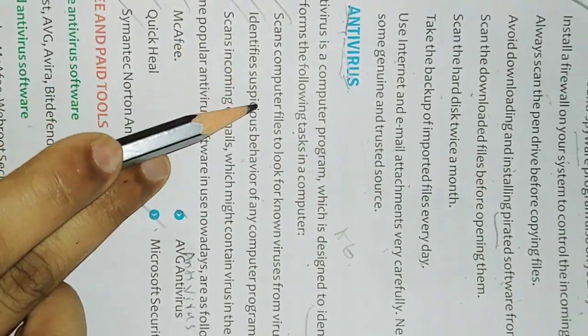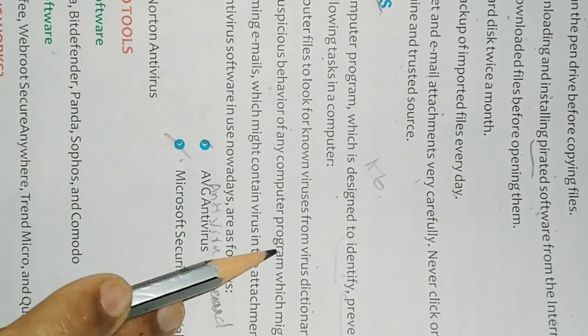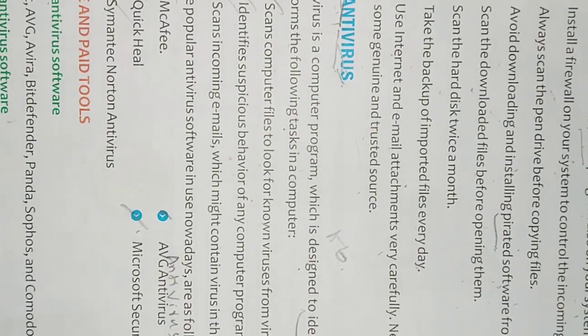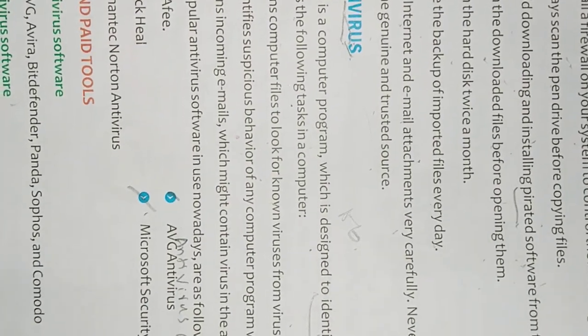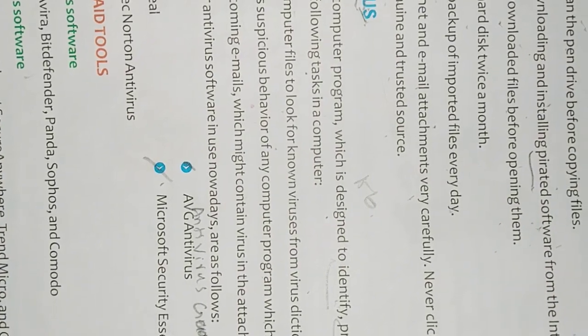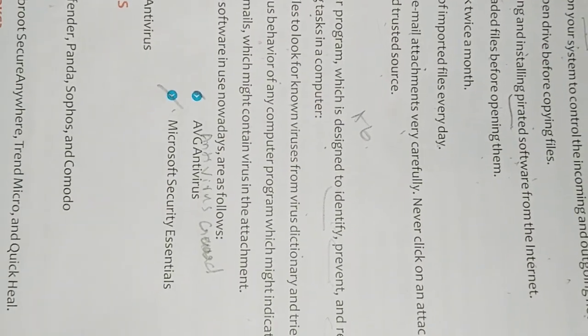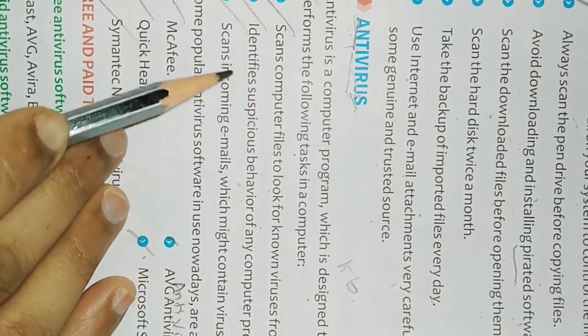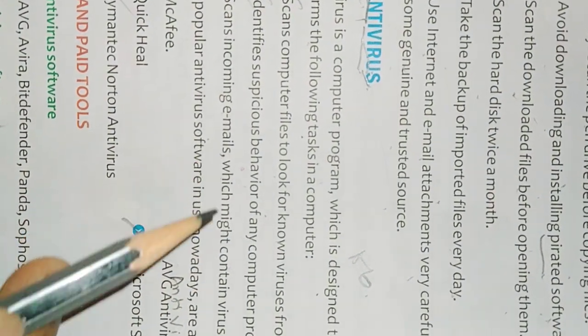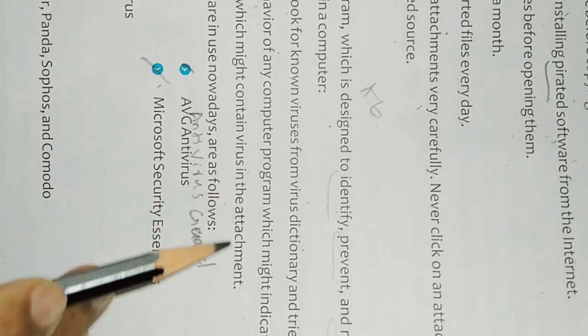Next is to identify suspicious behavior of any computer program which might indicate infection. It will identify any computer program which is not behaving normally, and it will take action. It will also scan incoming emails, which might contain viruses in the attachment.